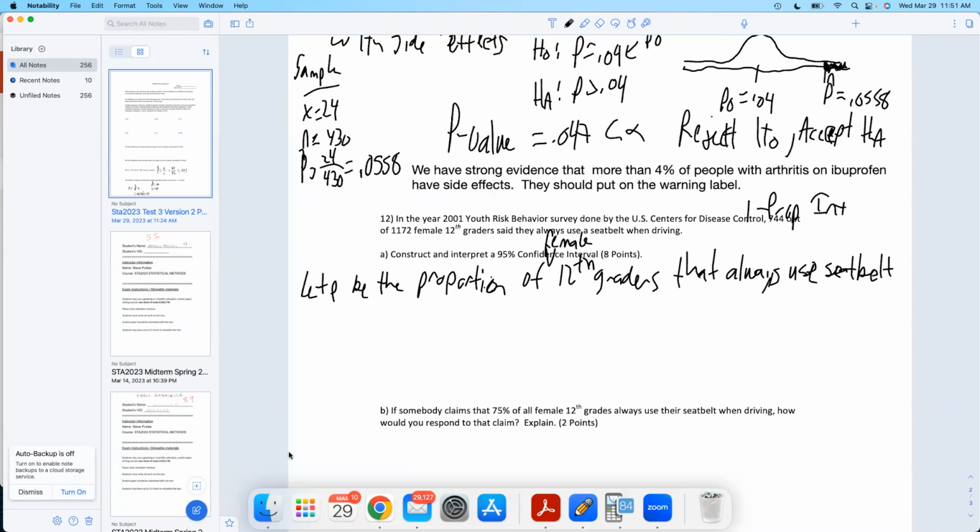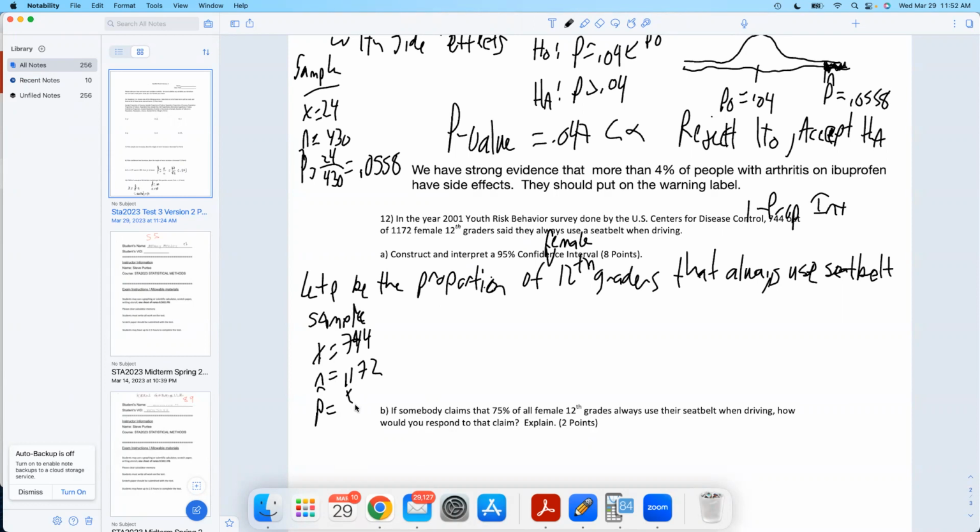Okay, now we have our sample. Every sample is always going to come with an X and N and a P hat. They're always going to give us 2 out of the 3, and we have to find the third. So there's my sample size, 1172 female 12th graders. How many of those wear their seatbelt, or say they wear their seatbelt? 744.